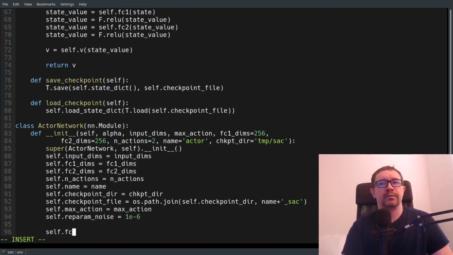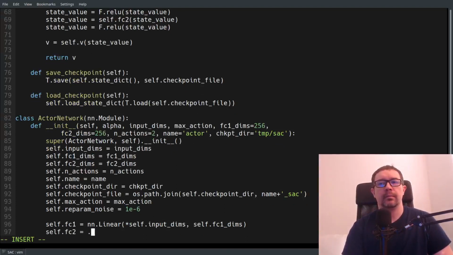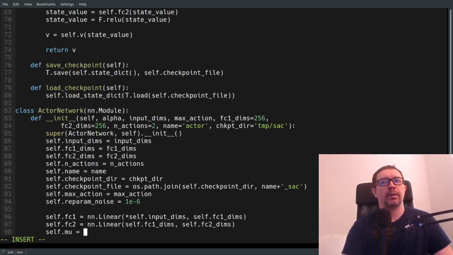But first, let us define our deep neural network. Input dims by FC1. And then we have two outputs, a mu, which is going to be the mean of the distribution for our policy.